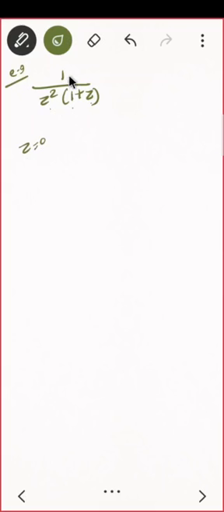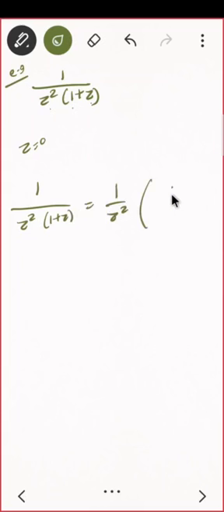So how will you do it? You just have to write the Laurent expansion first. That is 1 upon z square into 1 plus z. But you know how to write 1 upon 1 plus z. Famous geometric series.